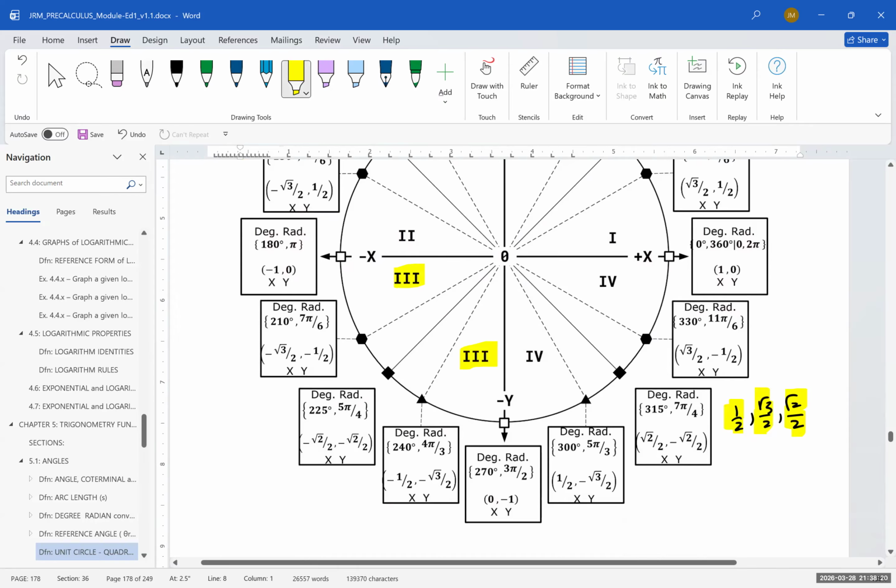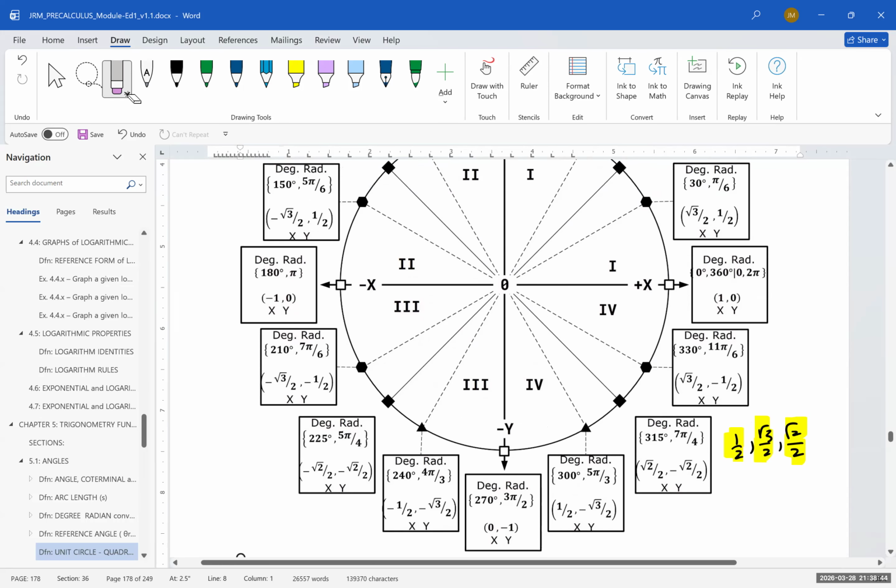In quadrant 3, the numerator is 1 more than the denominator. And in terms of the fourth quadrant, at this point, you just need to remember 5, 7, and 11. So those 3 prime numbers, 5, 7, and 11.